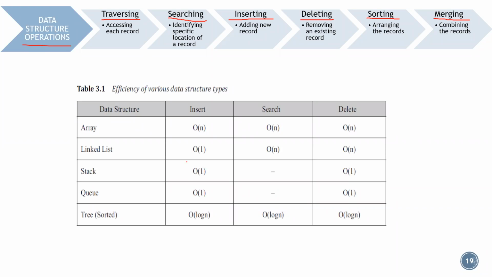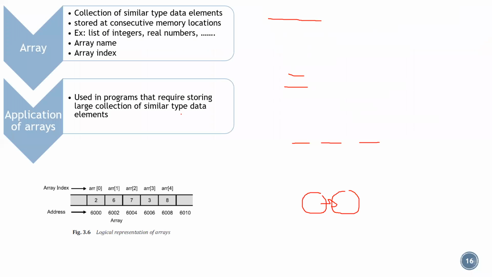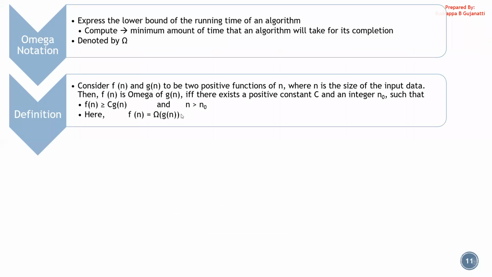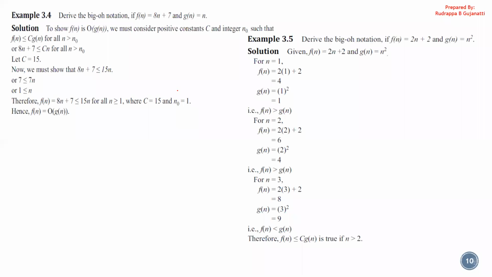Now, how do I look at the efficiency of the different data structures? I basically make use of the omega and big O notation. Previously, if you recollect, we solved big O notation. Here, if you observe, f of n is 8 times n plus 7, and g of n is n.